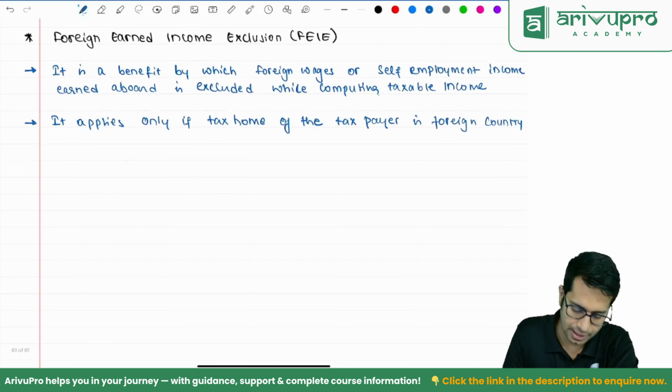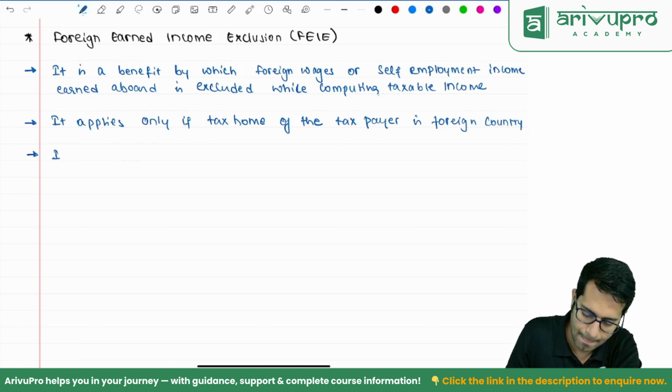Then it is to avoid, what, sir? Double taxation, and it is to support Americans working abroad.